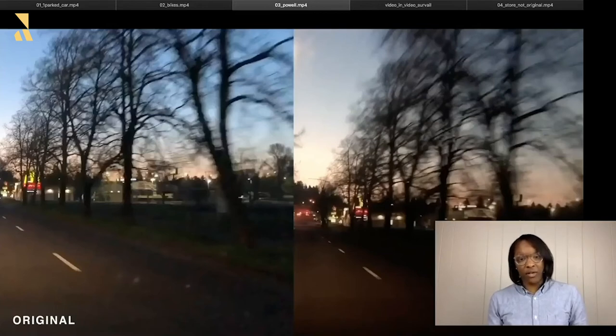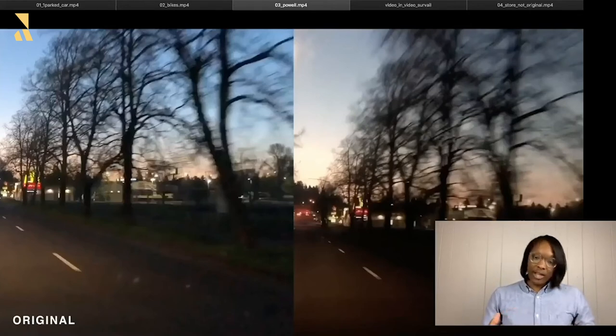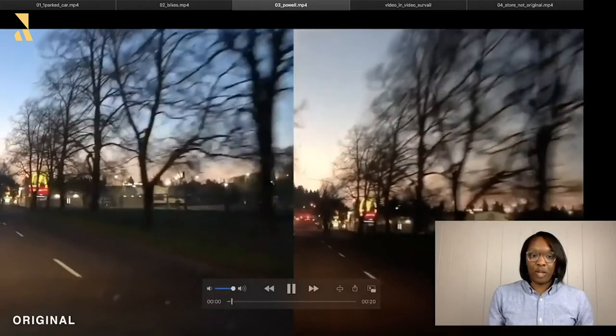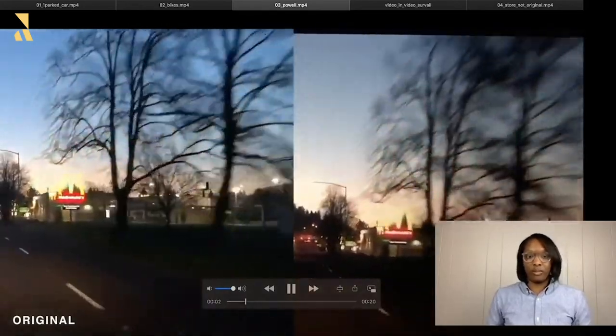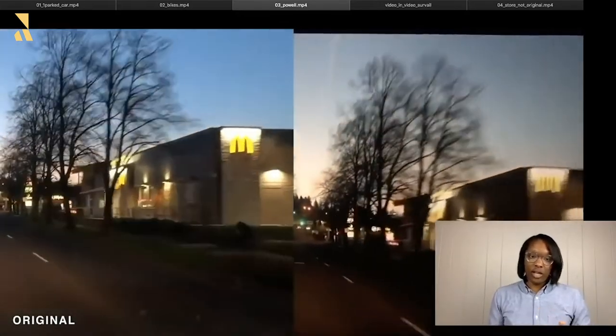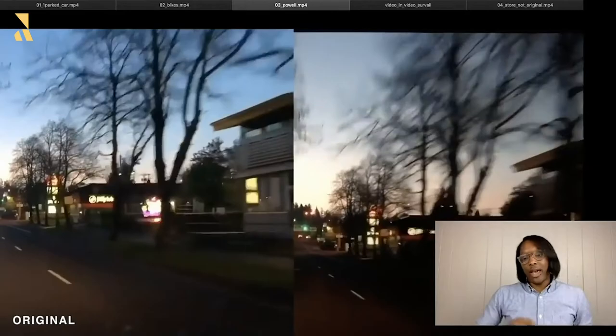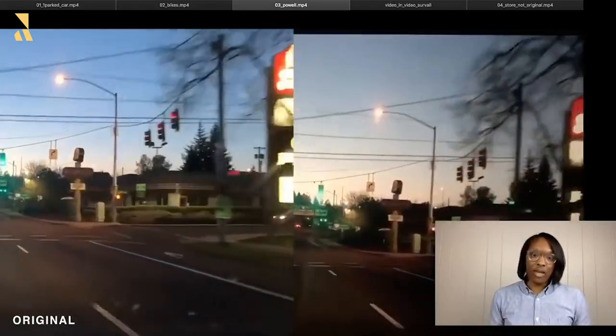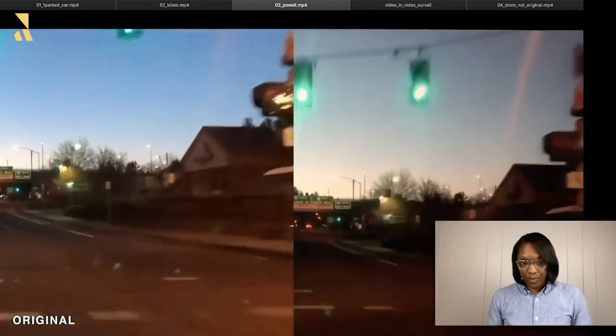But in this particular video, there are a lot of discrepancies. You can see that this is a moving camera, which also changes things. I'll play it, and then we'll discuss. In this particular video, the original is on the left, and the video of the video is on the right, and you can see firsthand that it's already very dark.